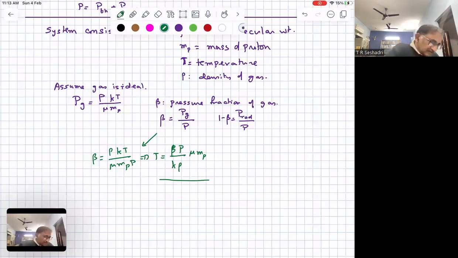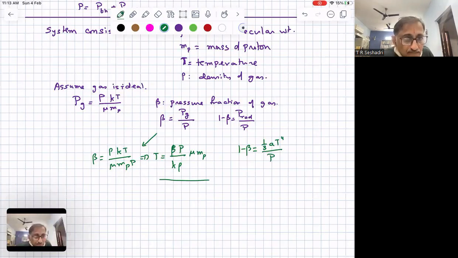Okay. And similarly, 1 minus beta will be equal to 1 by 3 A T power 4 divided by the total pressure. Now I substitute for this temperature, because the gas temperature and radiation temperature are the same.